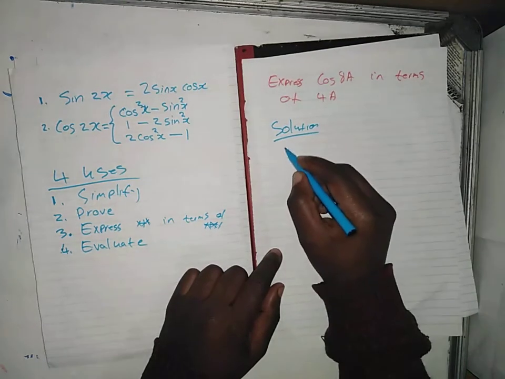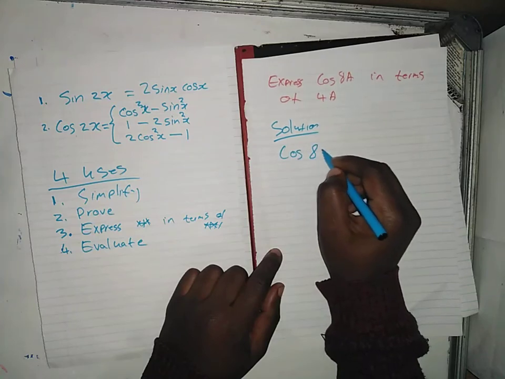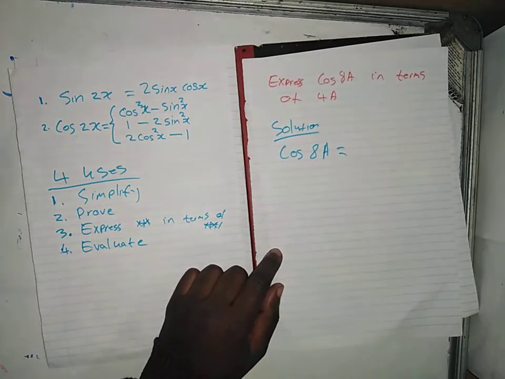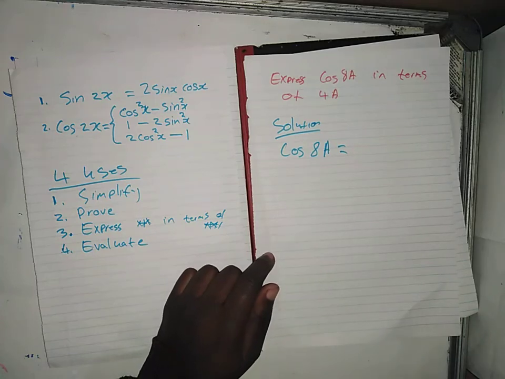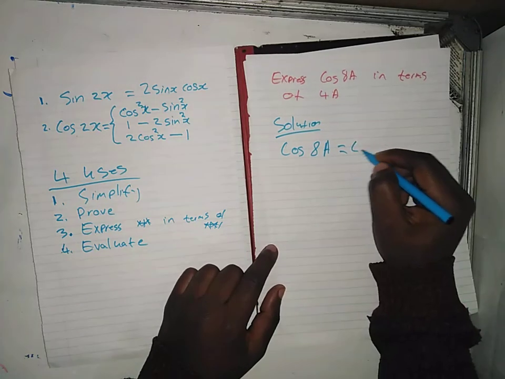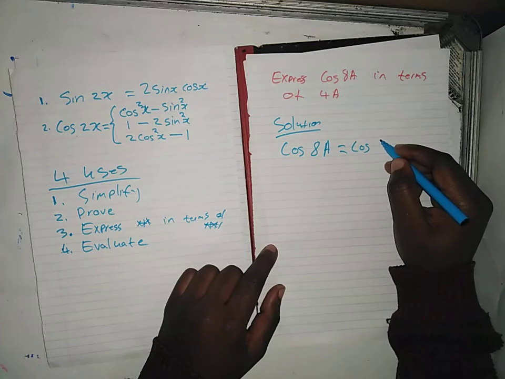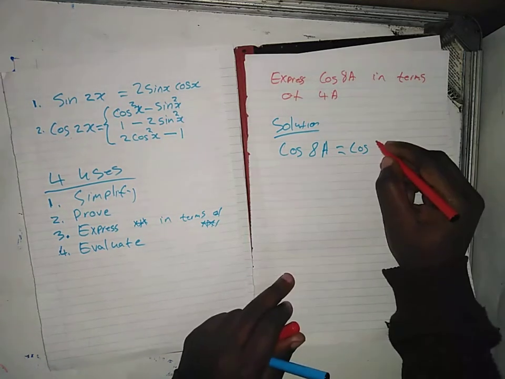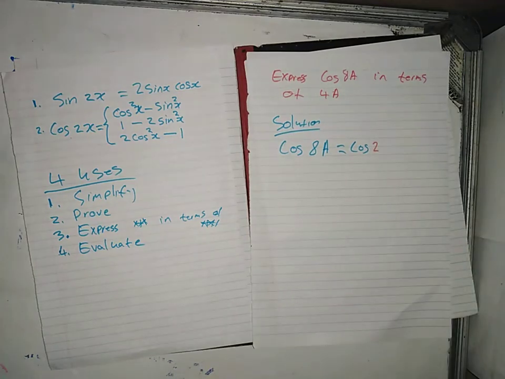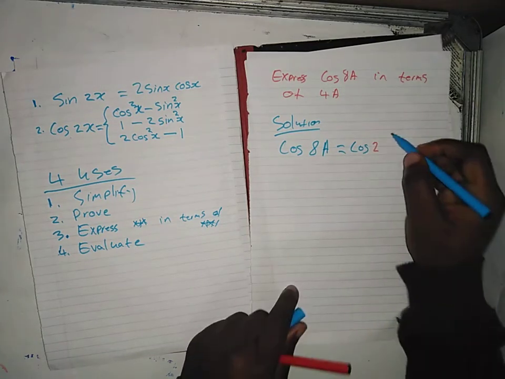You remember you've got cos 8a. We all know that 8 is the same as 4 times 2. So this is the same as cos of 2 times 4a. Let me write it with a different color so that you can see.